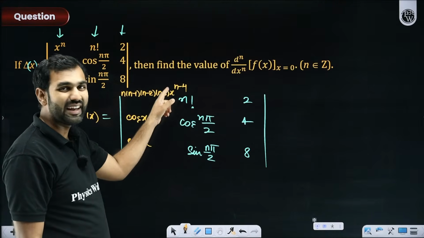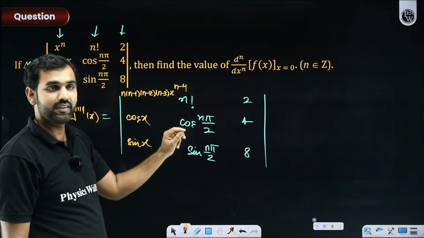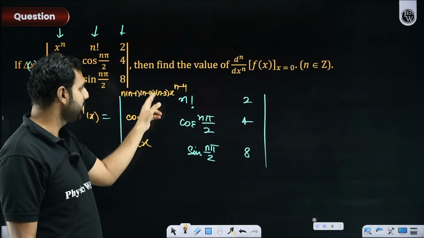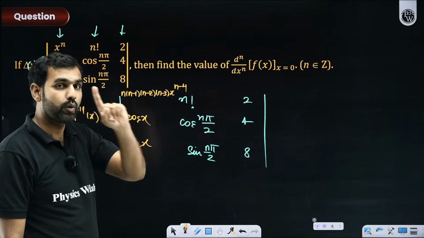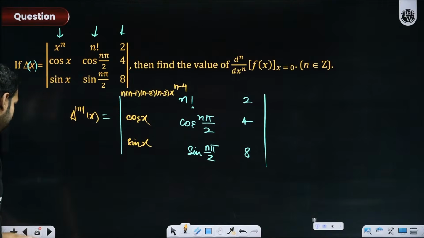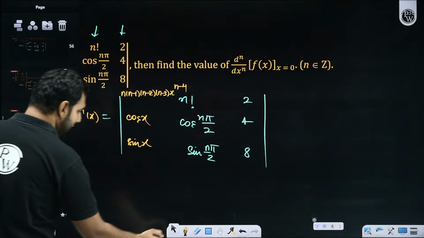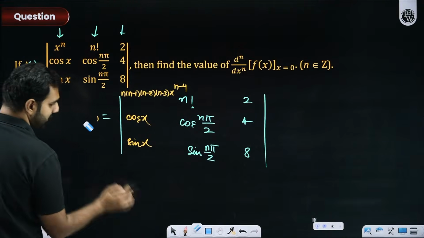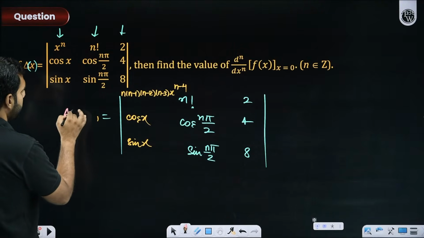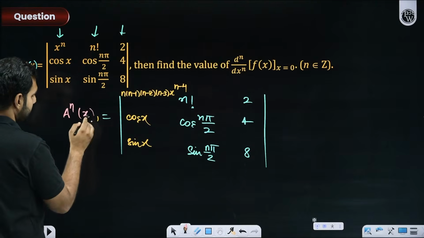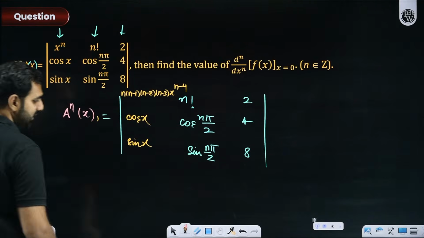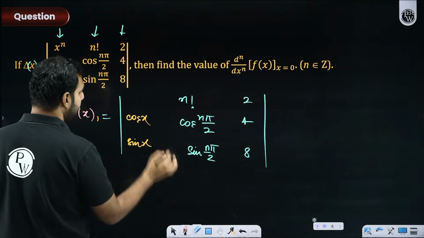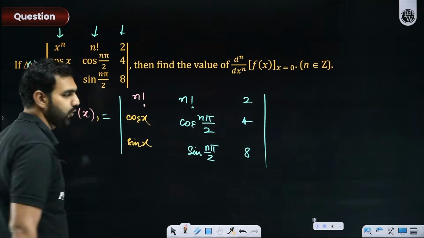So when I'm differentiating n times, it will be x to the power n minus n, which is x to the power 0. So I'll be left with n, n minus 1, n minus 2, n minus 3, and so on until 1. So if I try to write the nth derivative here, this is not delta x to the power n, this is the nth derivative, this whole thing will be nothing but n factorial, yes or no?